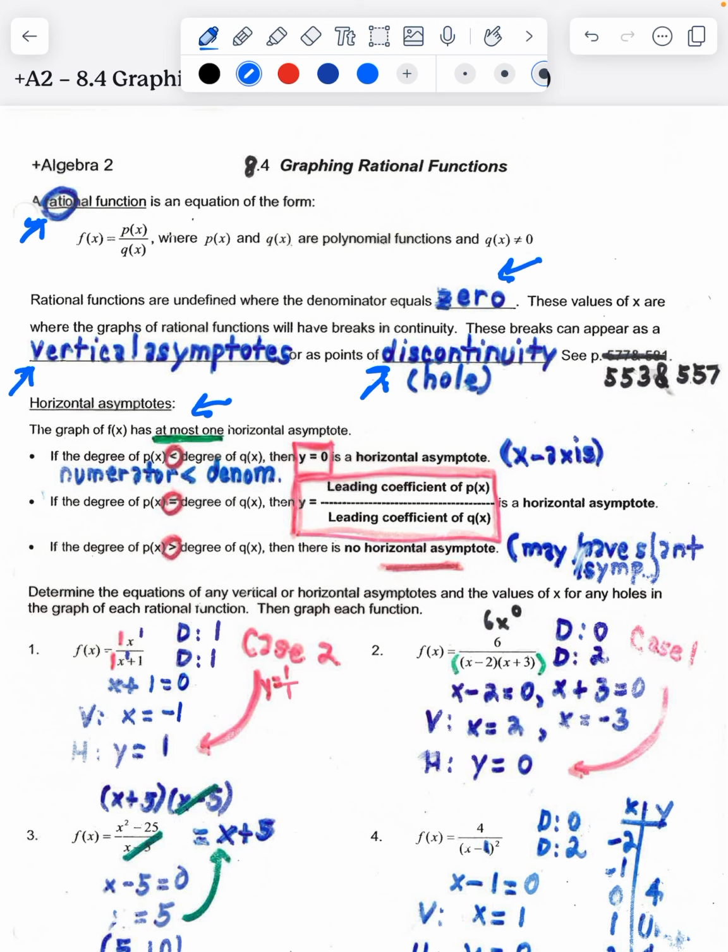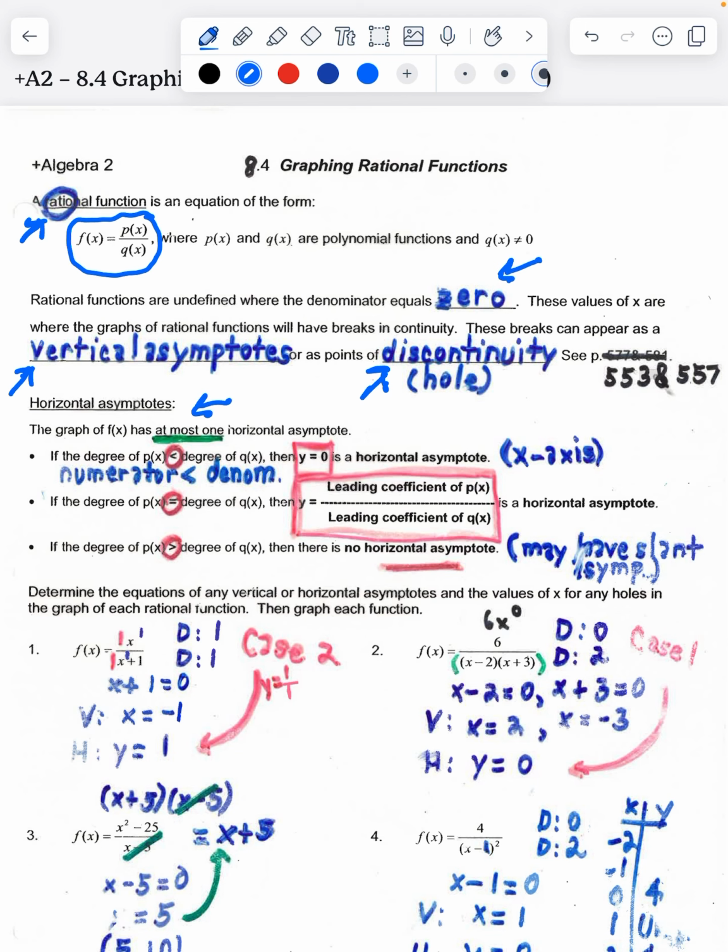The graph of f of x, a rational function, has at most one horizontal asymptote, and it's based on the degree of the numerator as compared to the degree of the denominator. Remember up here that f of x is defined as p of x over q of x.